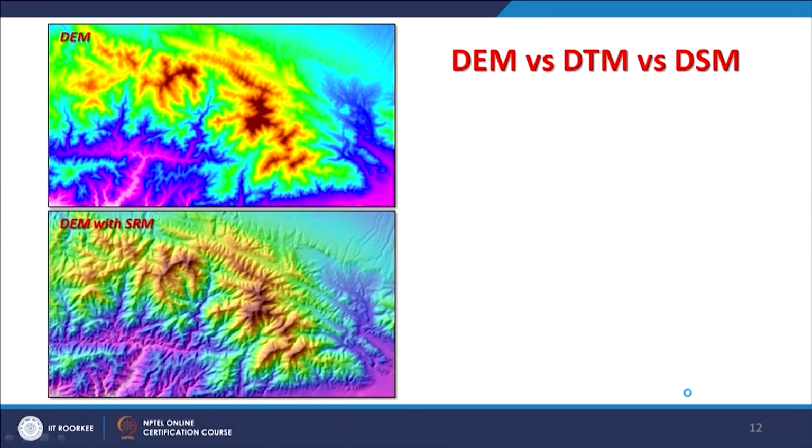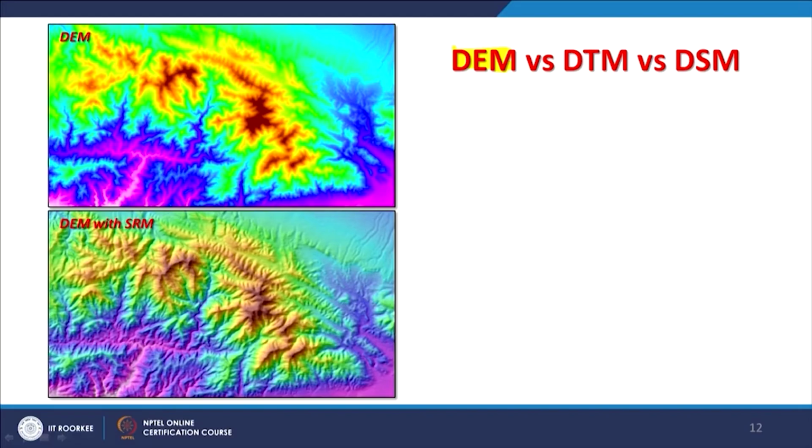Now, when we say a simple DEM, or digital elevation model, this is how it is represented as a top figure. Here you do not have any feeling of terrain. If it is in grey color, just by using grey shades, you can say which is higher ground or lower ground. But if I change that palette to the opposite, which is possible in software, then it would be a completely reverse scenario.